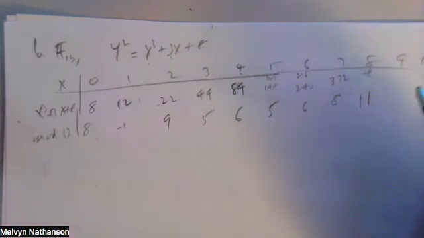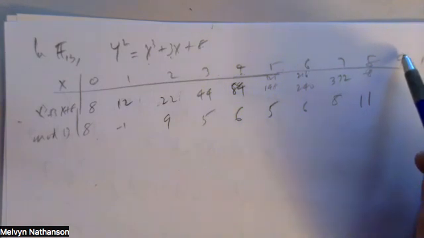Let's see, that's 11, I think. 9 cubed is 729 plus 27 plus 8 is 35. This might be 10.